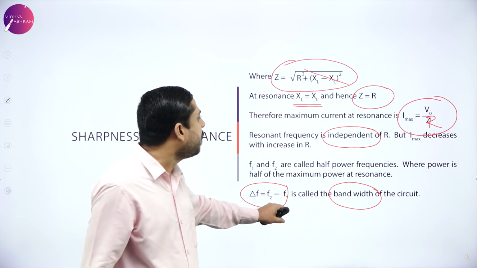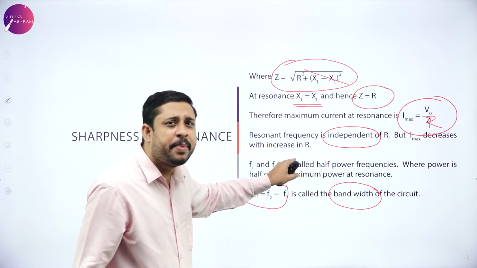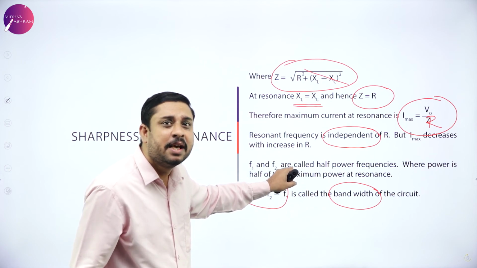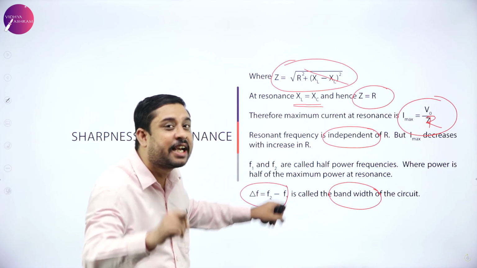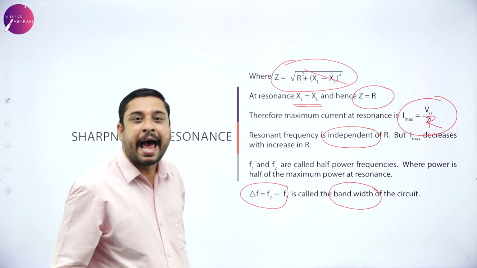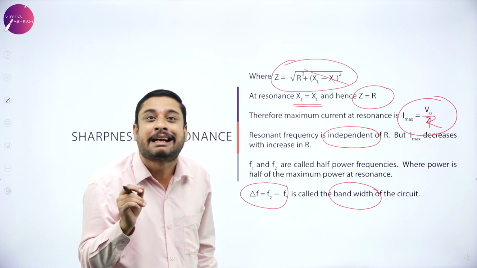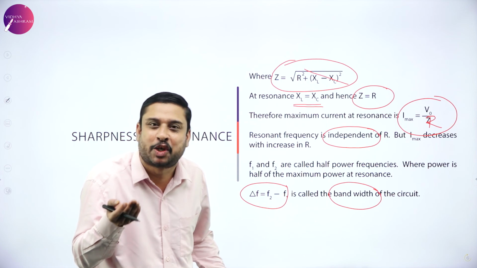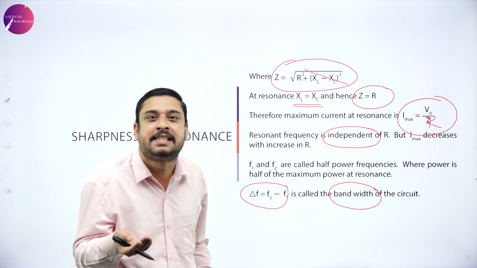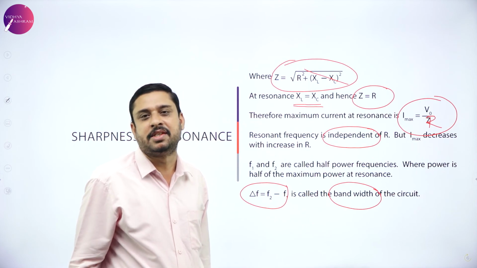So you have to remember here, resonant frequency may be independent of resistance, but sharpness of the curve depends upon resistance. As the value of resistance increases, current flowing through the circuit should decrease, sharpness should decrease, quality decreases.